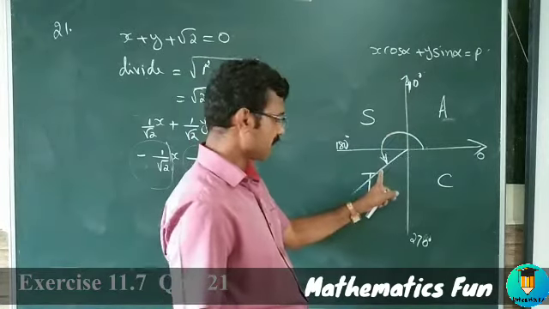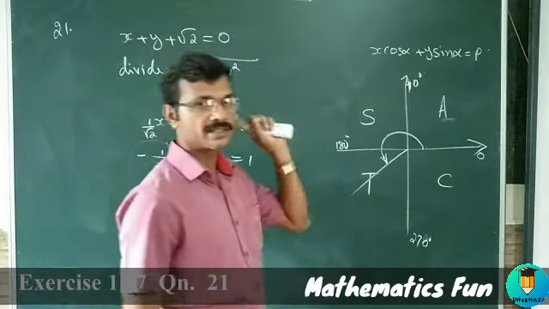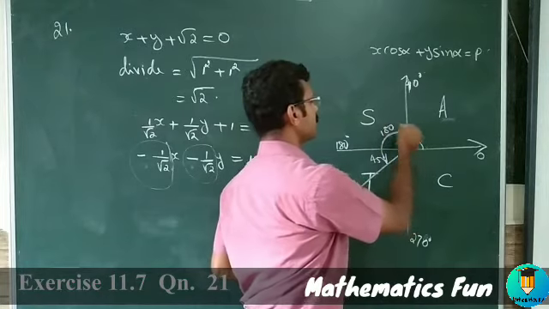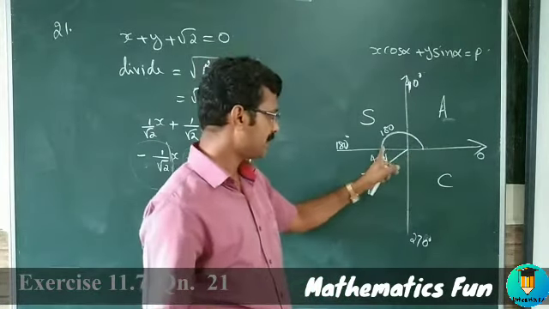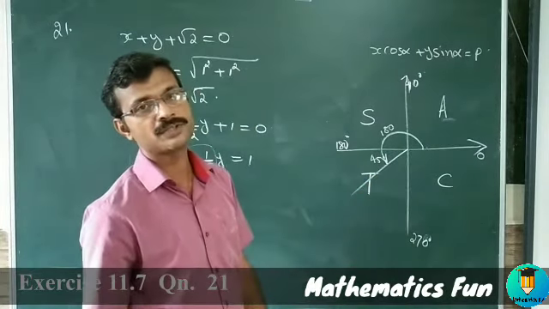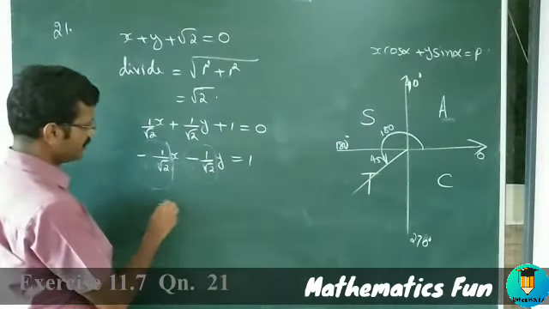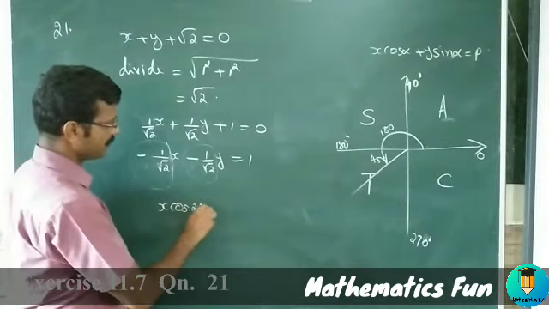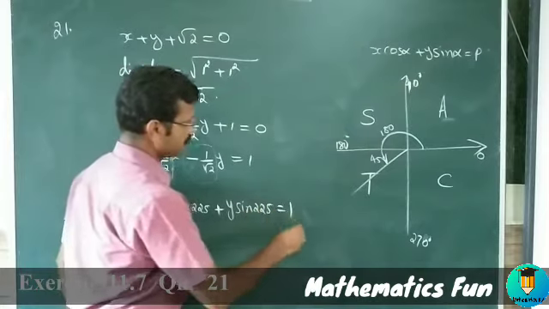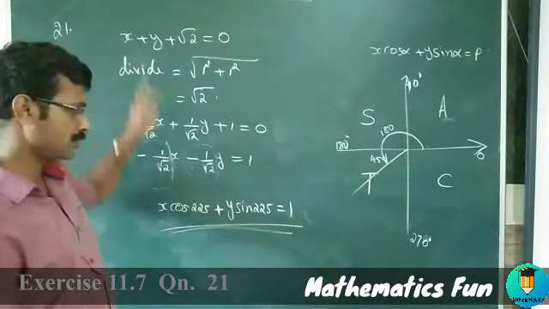Since both are negative, and the basic angle is 45 degrees, this part is 45 and from here to here is 180. So altogether the angle is 180 plus 45, that is 225. So we can write x cos 225 + y sin 225 = 1. This is the required equation. That is how I converted this equation to normal form.